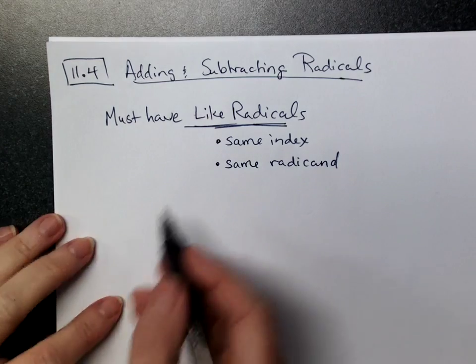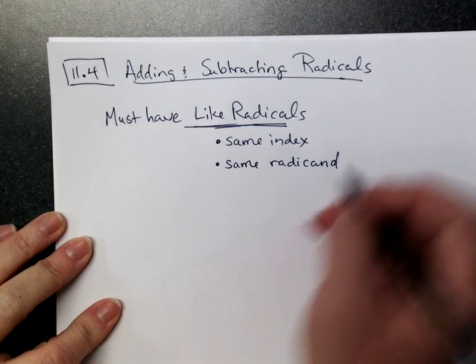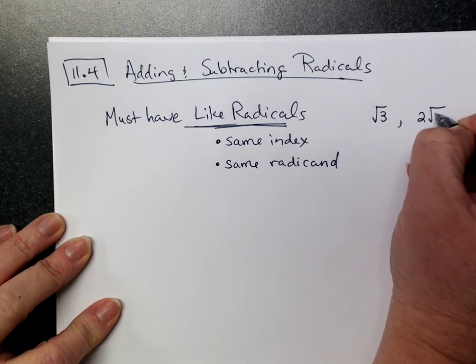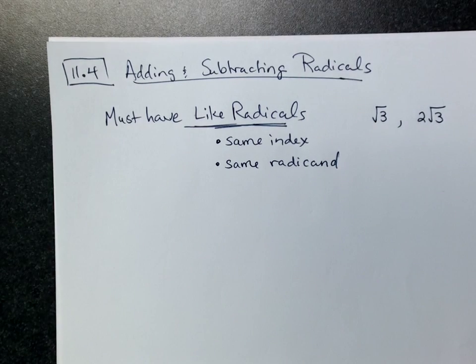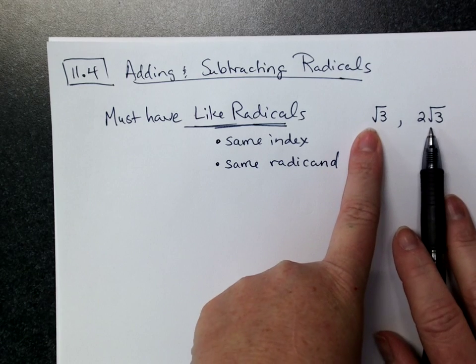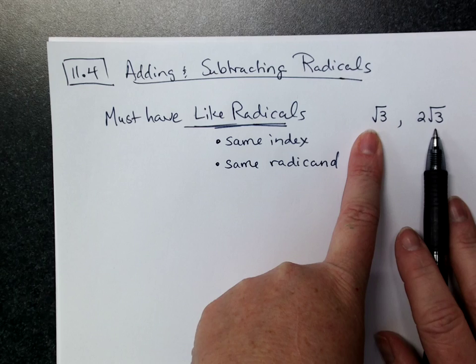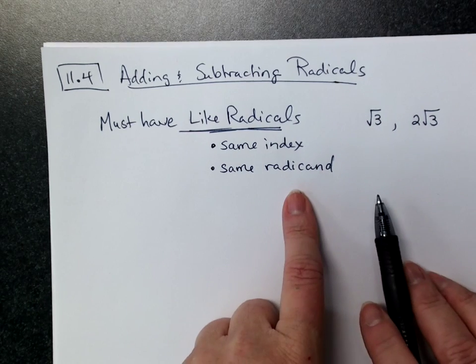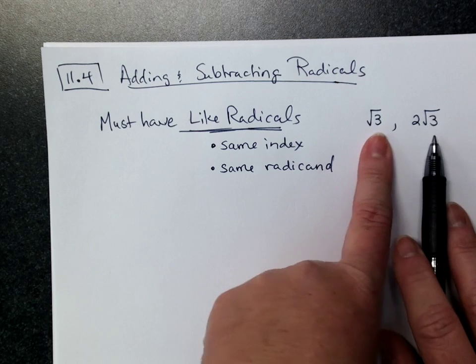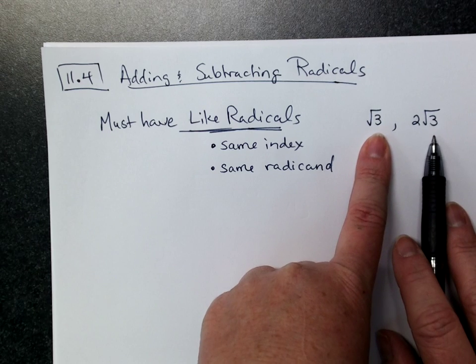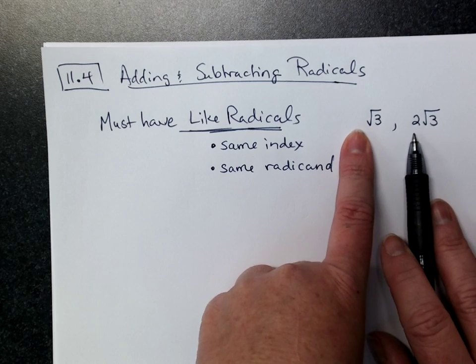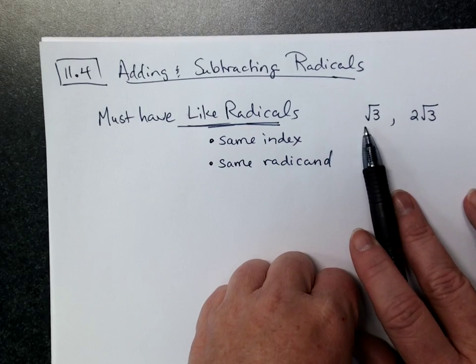So, for example, some examples of like radicals would be, say, square root of 3 and 2 square root of 3. Same index. What's the index of these? 2. Yeah, square roots. And what's the radicand? 3. What's under the radical sign is the radicand. Okay. Now, they have different coefficients. What's the coefficient of this first one? 1.